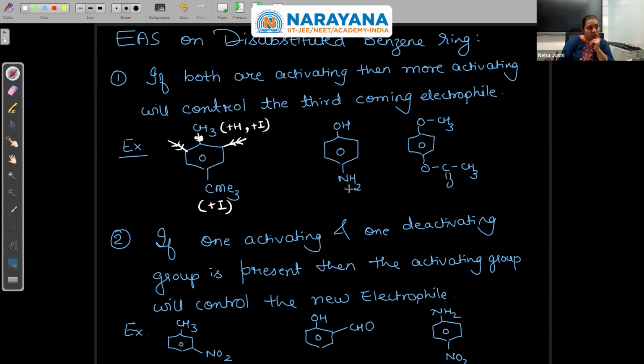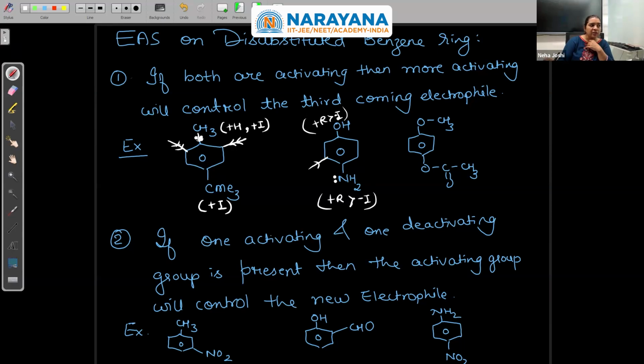Clear? Now OH and NH2, if I compare, both are plus R greater than minus I group. Both have the same story. But you know that nitrogen being less electronegative will be a better electron releaser.